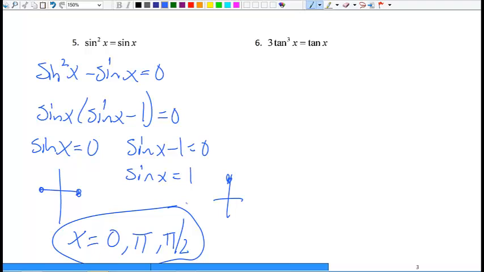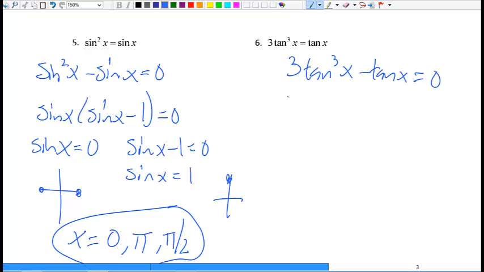Okay, same number 6, exact same skill. We're in factoring mode, so I've got more than one statement. So I'm going to bring the tangents together. So 3 tangent cubed x minus tangent x equals 0.